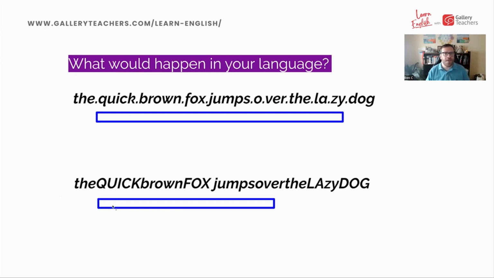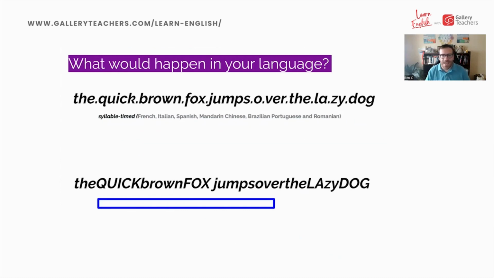And if perhaps you speak Spanish as a first language, or French, or Italian, or Brazilian Portuguese, here you are likely to say naturally in your own language every syllable more or less the same. The quick brown fox jumps over the lazy dog. Because we call these languages syllable timed. So more or less every syllable in the sentence has the same emphasis.